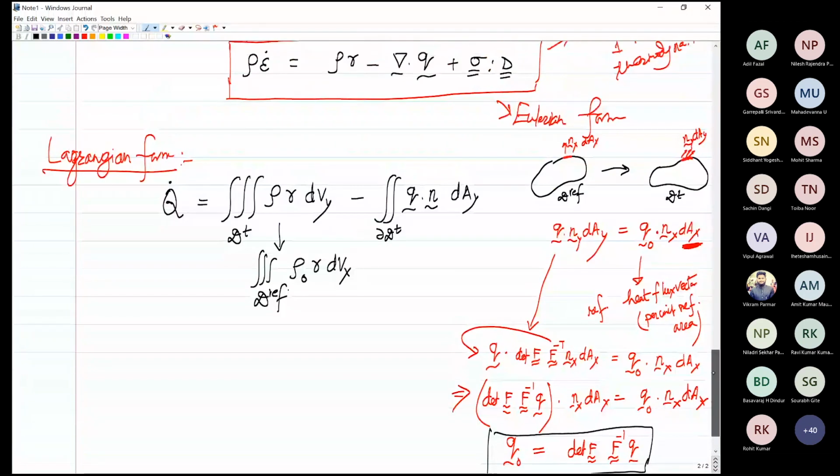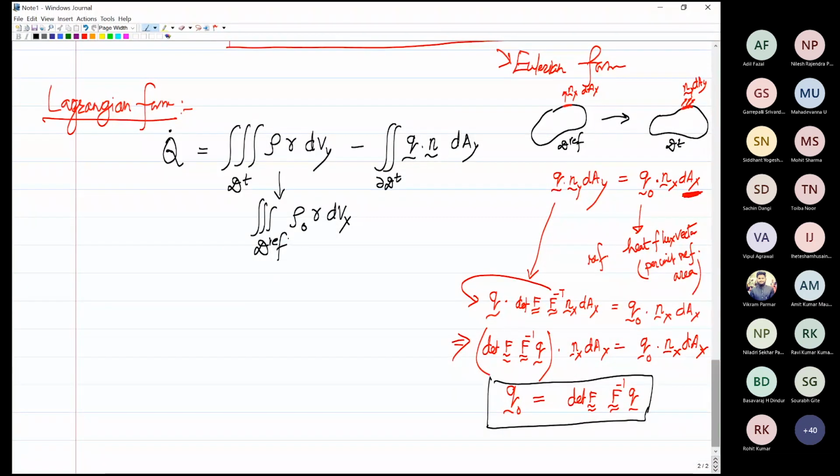Just like you had the first Piola-Kirchhoff stress tensor, we have this referential heat flux vector, which is going to act on the referential normal Nx, and it gives you the actual heat flux, the heat that is flowing out, but per unit undeformed area. Anyway, we can use that here, and this then becomes minus the integral over del d ref of Q naught dot Nx dAx.